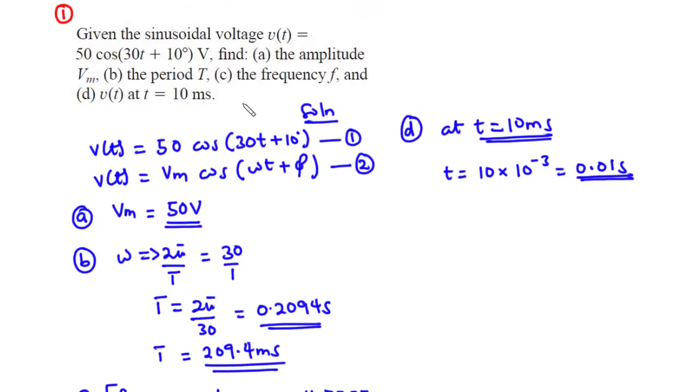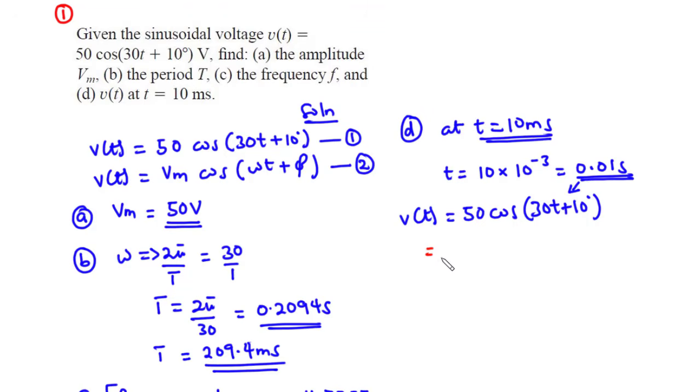So using the equation, that is V of t equals 50 cos 30t plus 10 degrees, we are basically going to substitute the value of t into this equation.